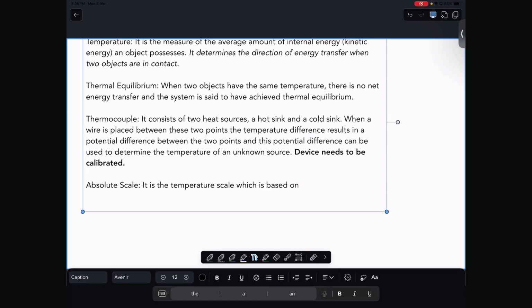It's a temperature scale based on the internal energy or KE of the particles, but that's not the first answer. So what is it? It's a temperature scale that's not based on any physical quantity. So no expansion, no length, no resistivity, nothing. It uses what as its base? Yeah, the universal energy itself.